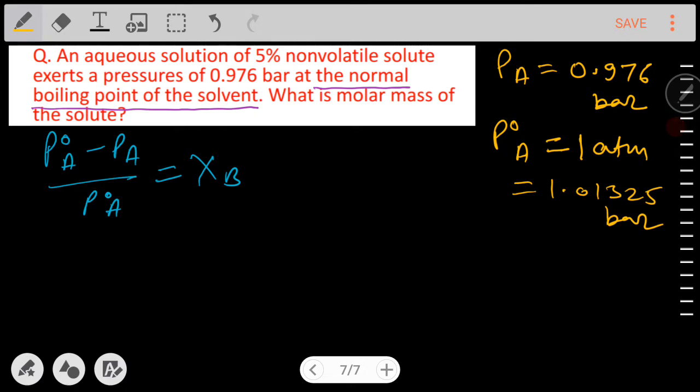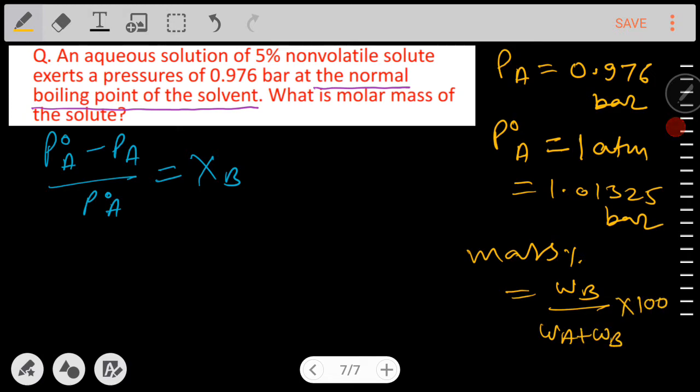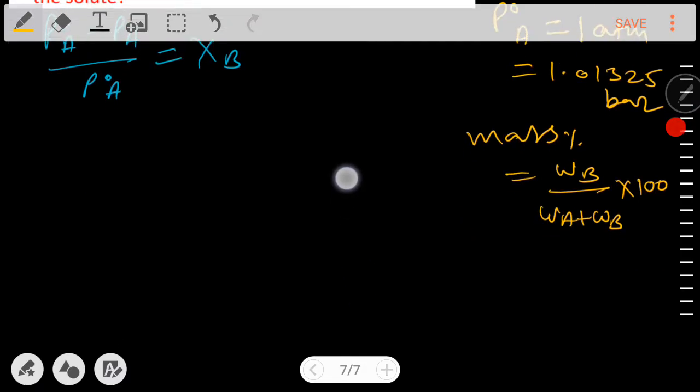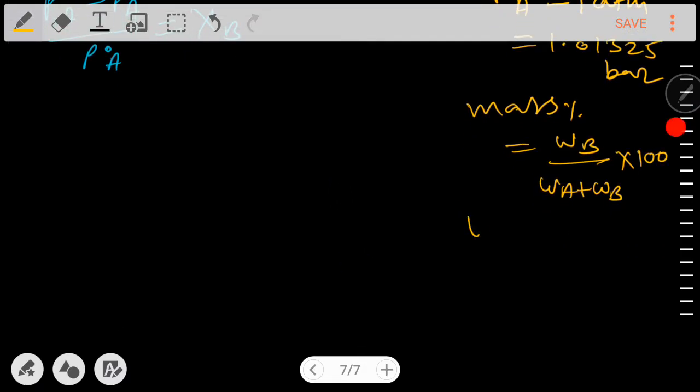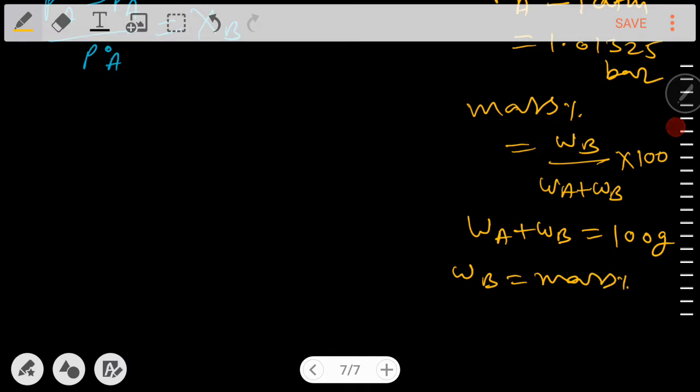In place of mole fraction of solute, mass percentage of solute is given. Mass percentage is actually equal to WB upon WA plus WB into 100. If we assume WA plus WB equals 100 gram, then WB will be equal to mass percentage, and that is here 5 gram.